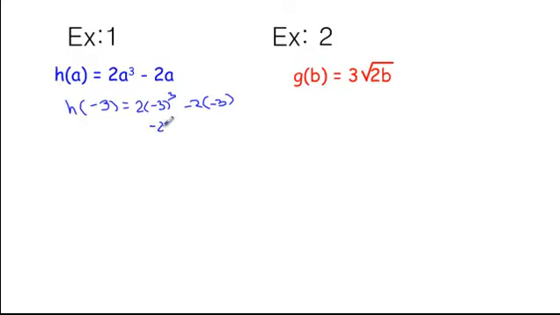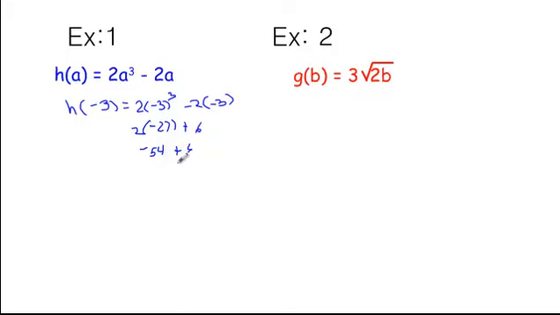So 2 times negative 27 is going to be negative 54. And then minus a negative is going to be plus 6.